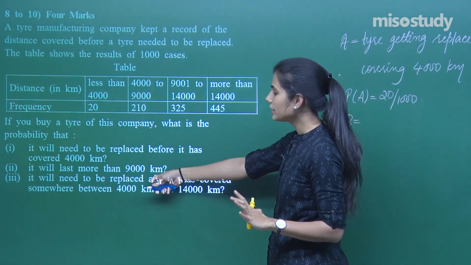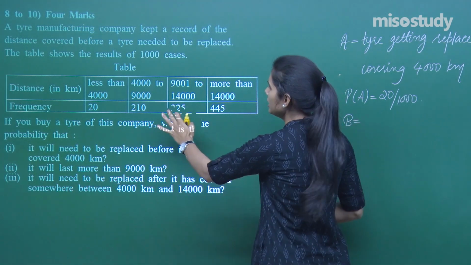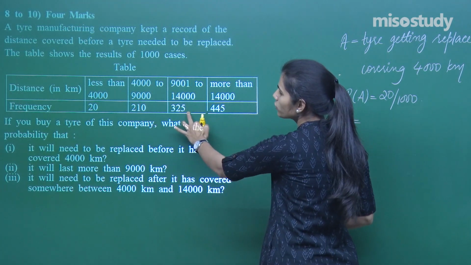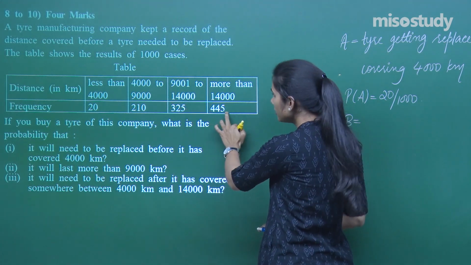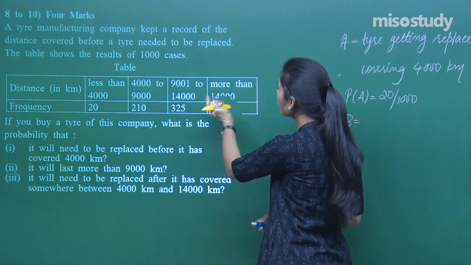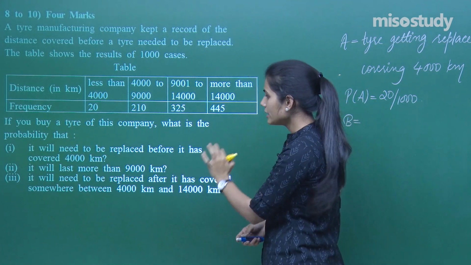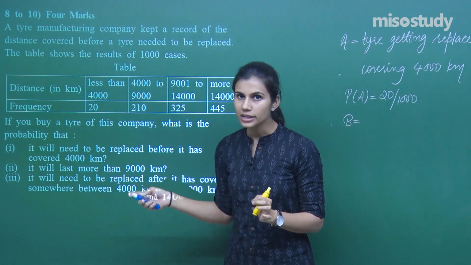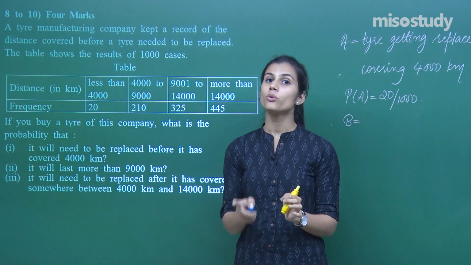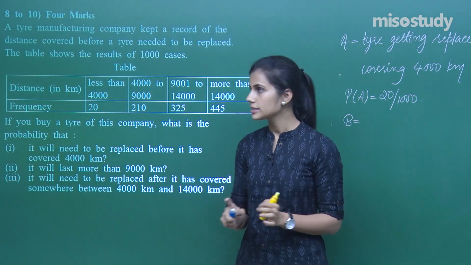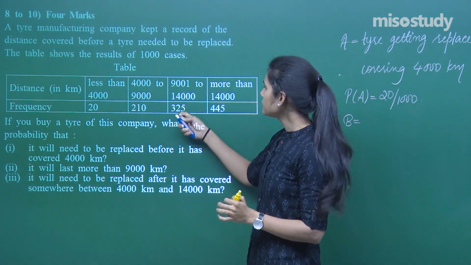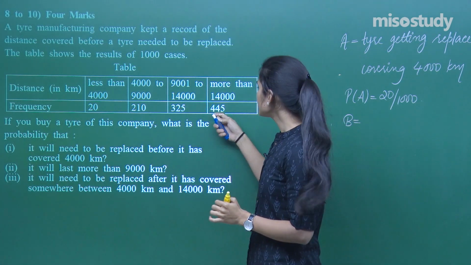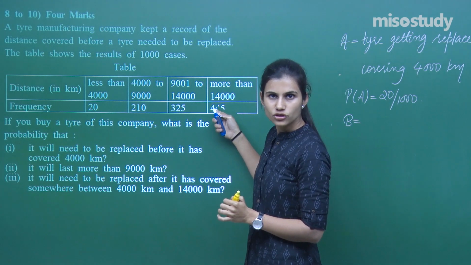Here the tire is supposed to be changed when it has covered distance between 9000 to 14,000. Here the tire is getting changed when it has covered more than 14,000 distance. What is the probability that you will need to change the tire once it has covered more than 9000 distance? More than 9000 is these two cases. In this case 325 tires need to be changed, in this case 445 tires need to be changed.